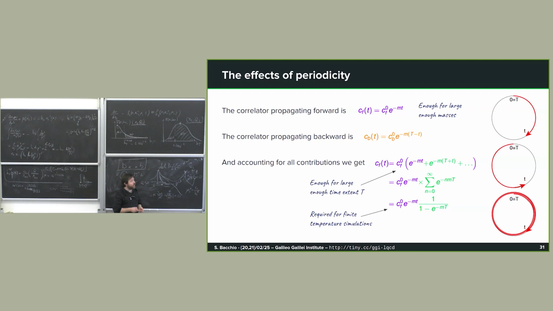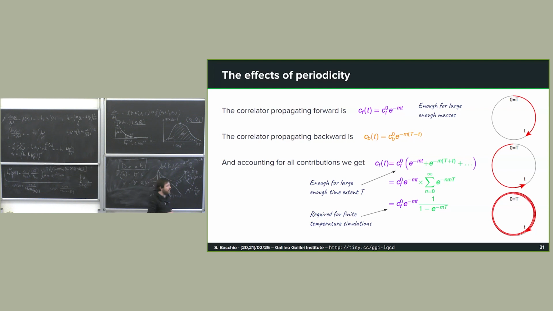And if we put this in a formula, basically, at leading order, you have the one forward, the one backward, but if you consider it propagating an infinite amount of time, you have a geometric series here, and this is the final result. Very often this is enough if your time extent is very large. You don't fill yourself multiple times, only once. But if your time extent is very small because you do finite temperature, then you need to use a formula like this.